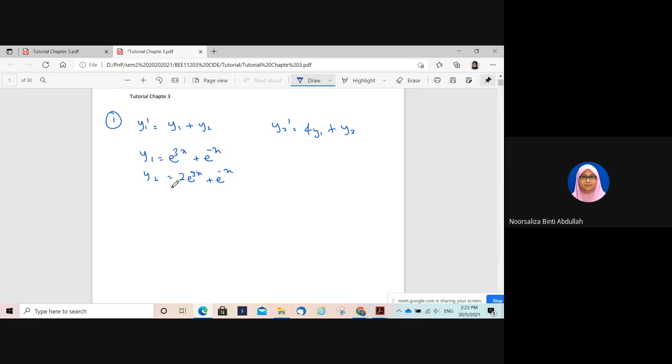Y1 prime equals Y1 plus Y2. You substitute this Y1 and Y2 here. Then what you get is exponent 3x plus exponent minus x, plus Y2 which is 2 exponent 3x minus 2 exponent minus x.